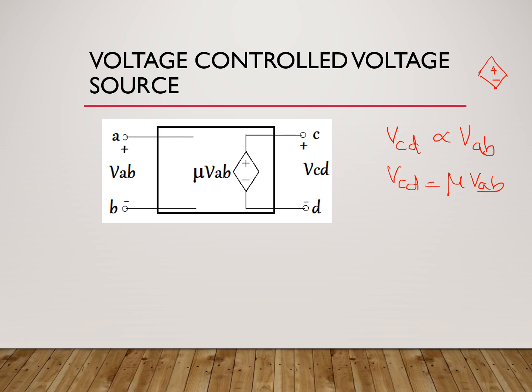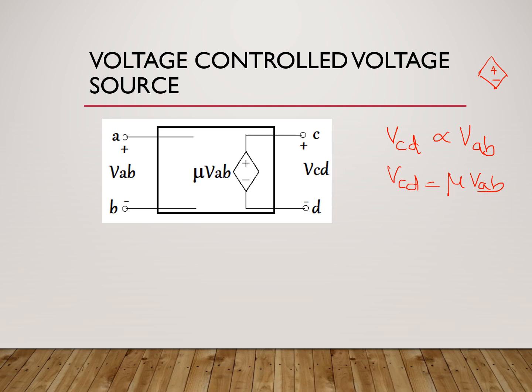This is how it is represented. So this is the voltage controlled voltage source: a diamond symbol for the dependent source, shown with a polarity since it's a voltage, and the output voltage depends upon an input voltage, represented as mu into VAB.